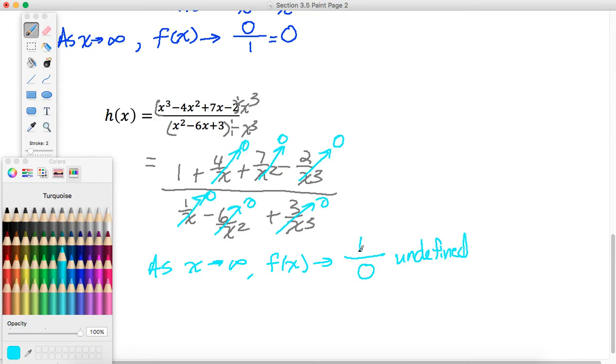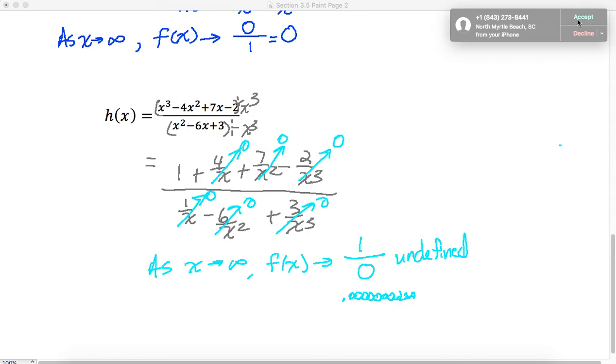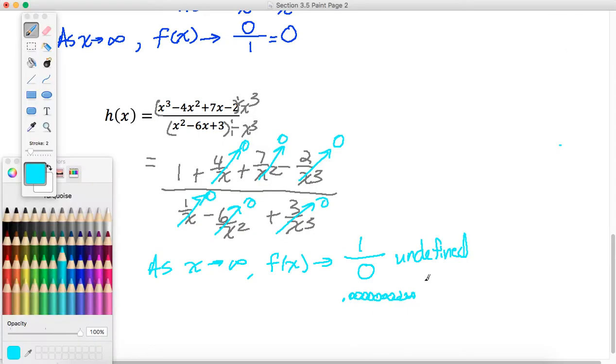That means this is going to be 1 divided by a really small number, like 0.0000000000001. And when I have a statement like that, my function is going to approach infinity or negative infinity, okay? So it doesn't approach a distinct value, all right?